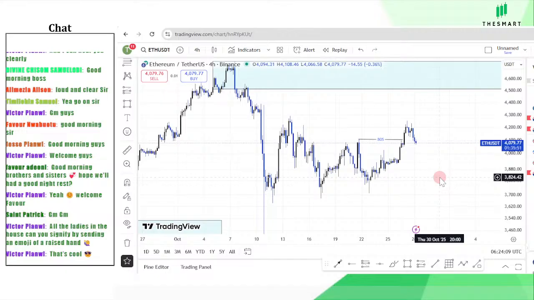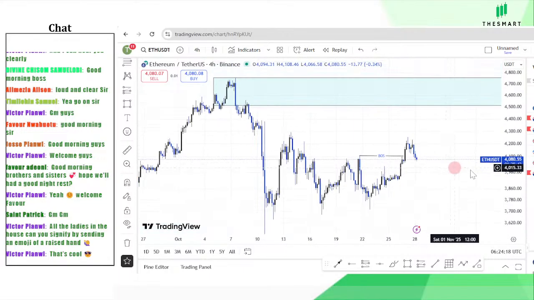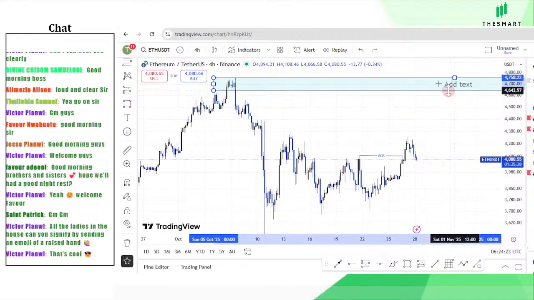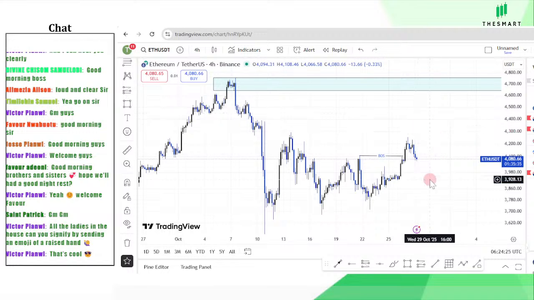And having this break of structure, we can see that our price has already tapped into this inducement level, and from last week's projection we said this is the zone we were targeting. So let me refine this properly.